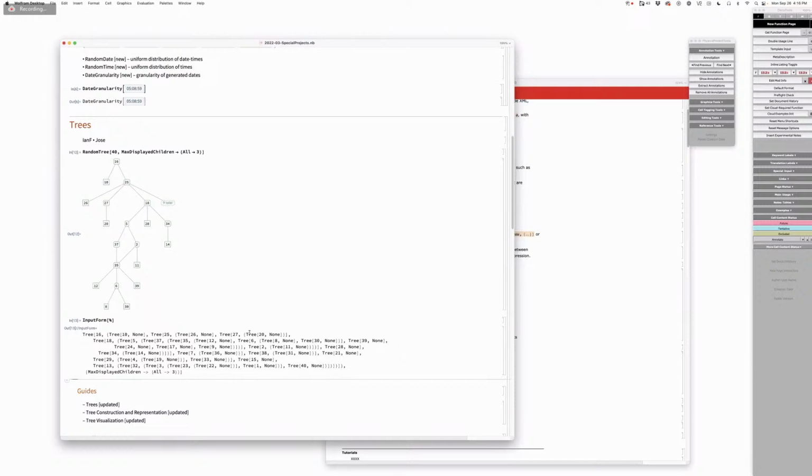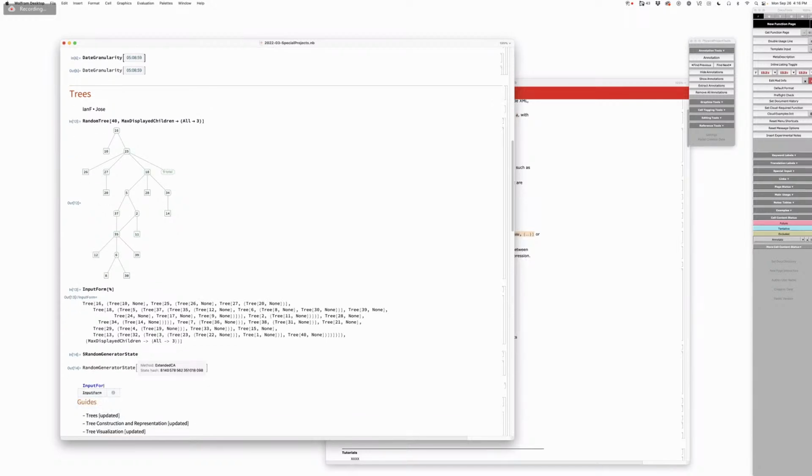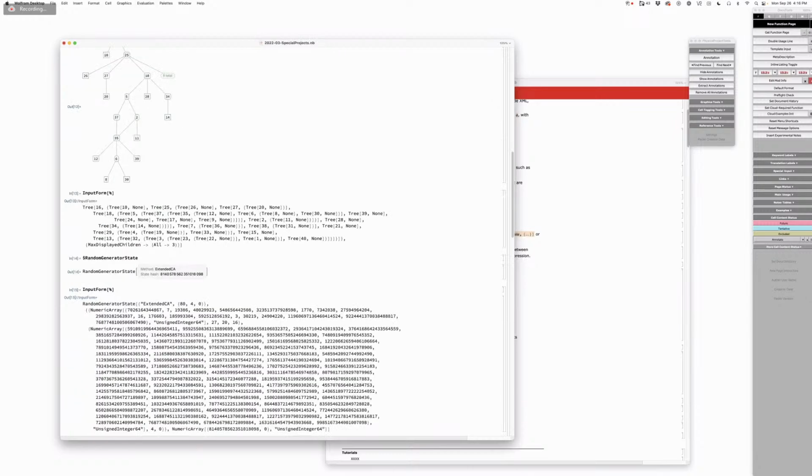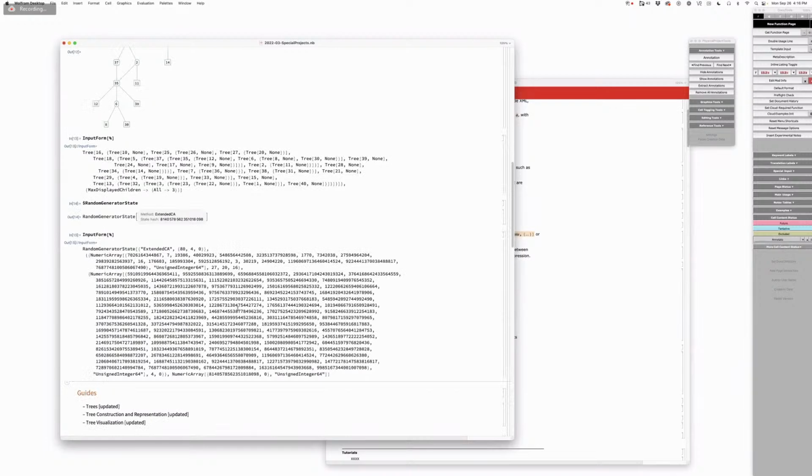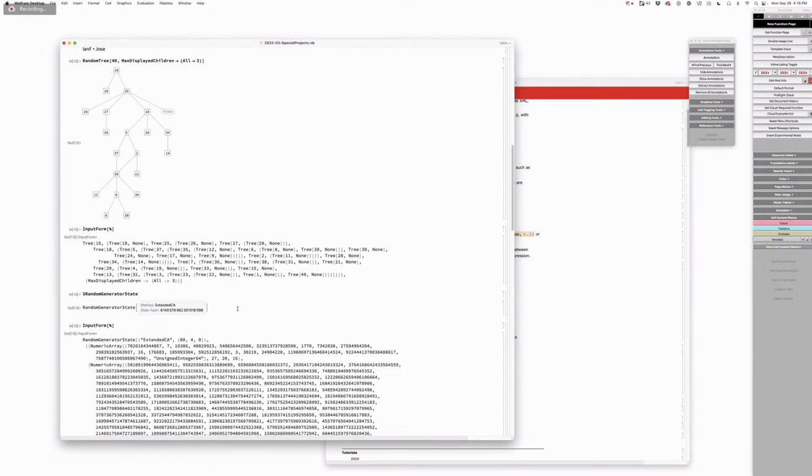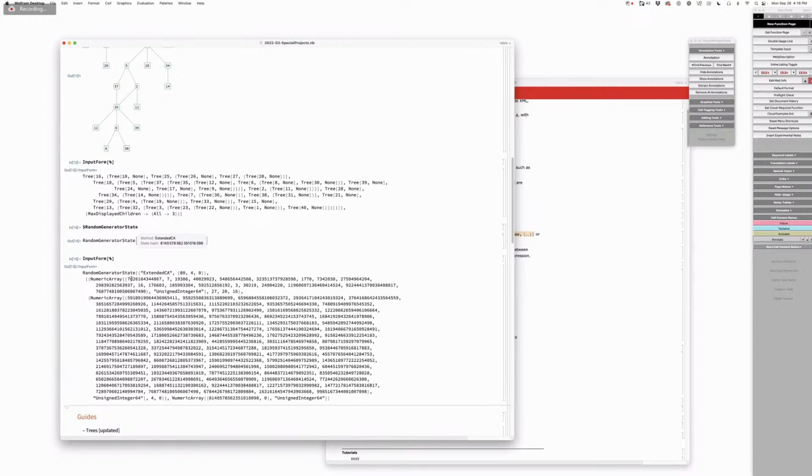Is there a way to output the random state right now? That's a good question. $random generator state. We can try. Wow, I've never seen that before. That's pretty swank. That's disgorging the insides of the creature. Okay, but here we should be able to reproduce this.